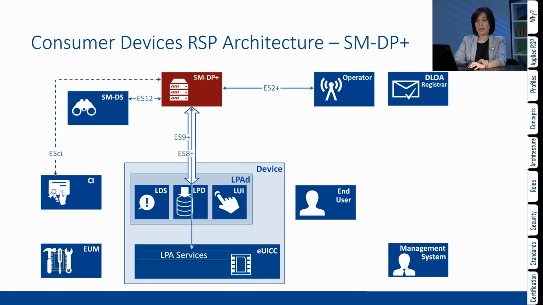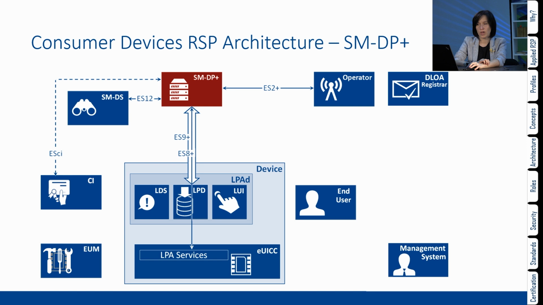The SM-DP+ in the consumer device architecture. So we have this role of the subscription manager for data preparation. Again, it is similar to the M2M world. We have the ES2+ interface, where plus stands for the enhanced functionality compared to the M2M. We have the ES12 interface, which is a new interface to the SM-DS.